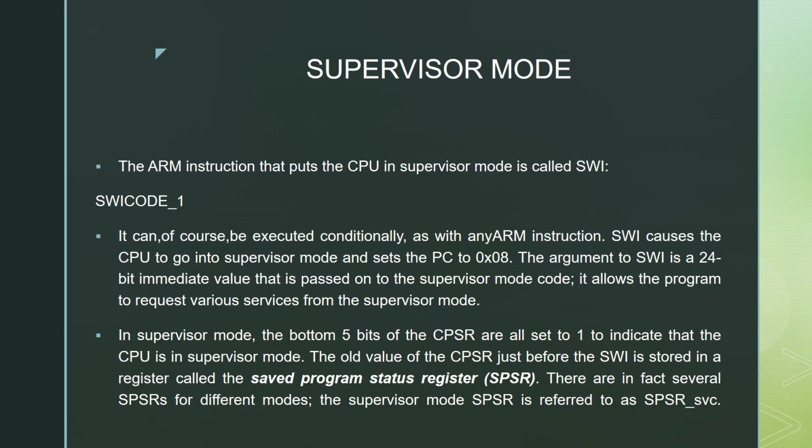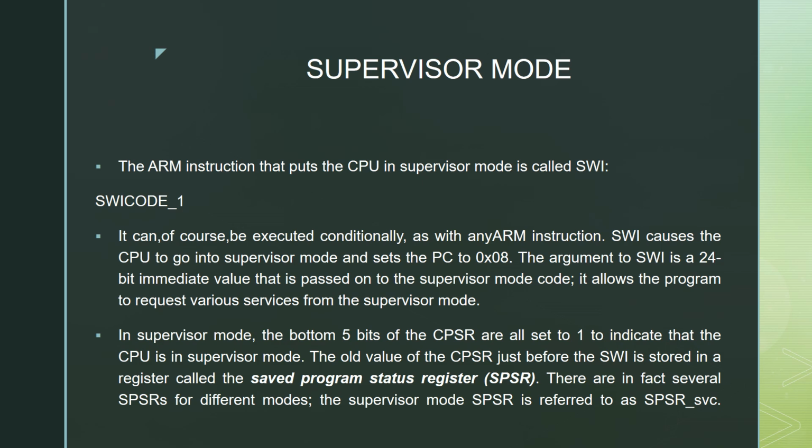During supervisor mode execution, the lower 5 bits of the current program status register, CPSR, are set to announce that the CPU has entered the supervisor mode. The old value of the CPSR, just before the SWI code execution, is stored into the saved program status register, that is SPSR.